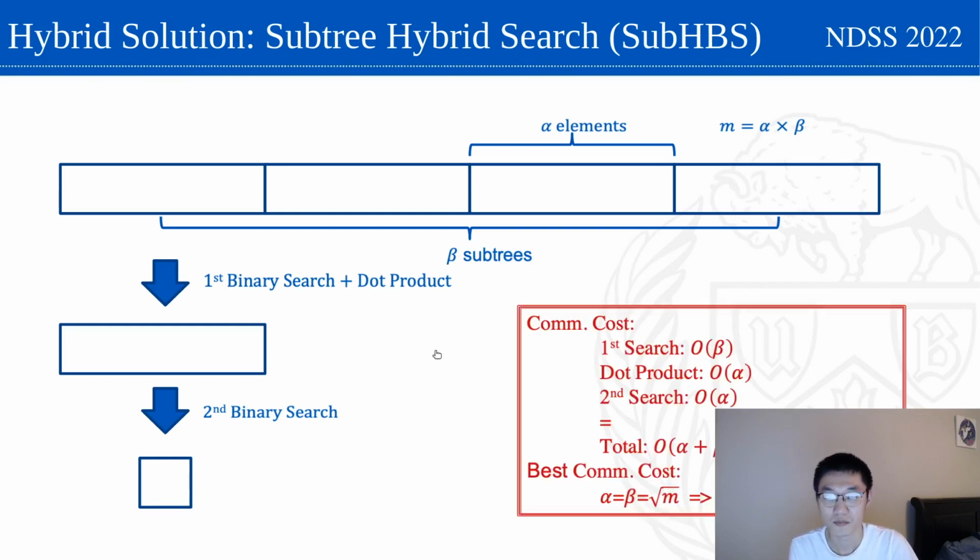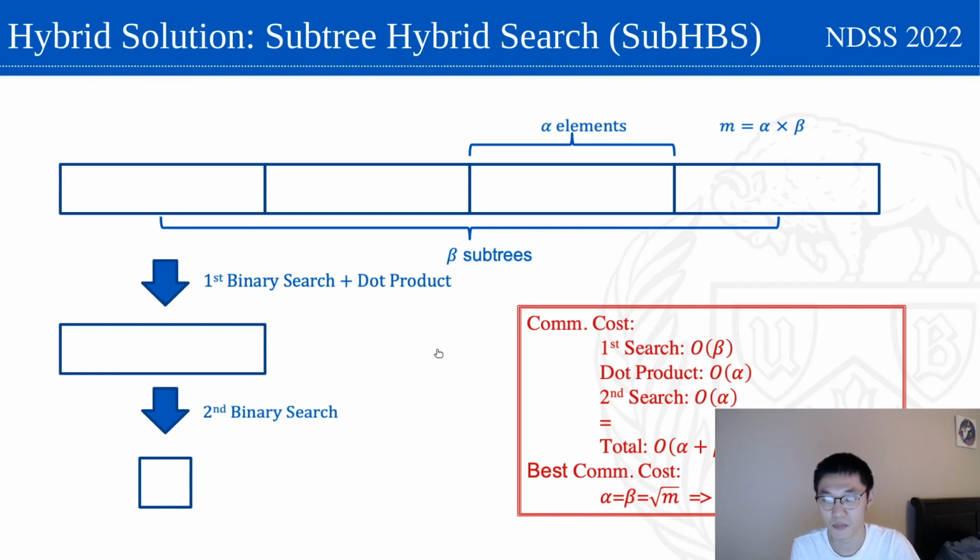For the dot product, because its cost depends on the size of the output, which is a subtree of size alpha, the cost will be big O of alpha. The second round of search is performed on an array of size alpha, so its cost will also be big O of alpha. In total, the cost of the entire thing will be big O of alpha plus beta.